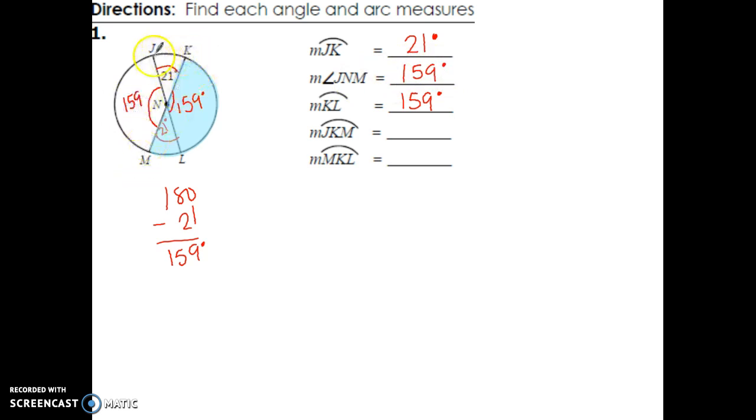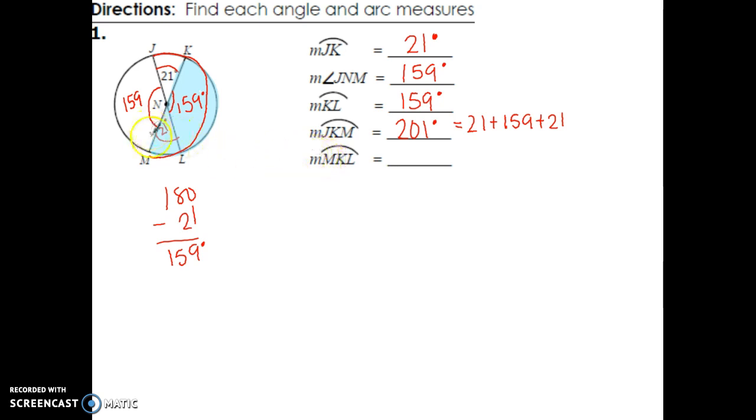Then we are looking for JKM. That's all three of these. So for that one, I am going to do 21 plus 159 plus 21. So 21 plus 159 degrees plus another 21 degrees. That is going to, I think, add up to 201 degrees.